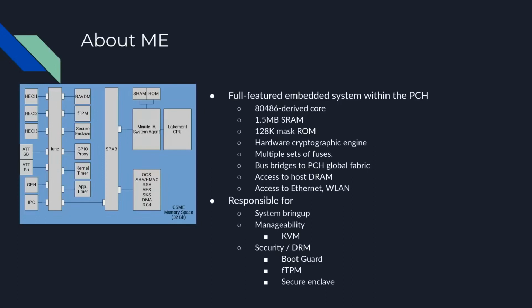It has a hardware accelerated cryptographic unit, and it has fuses, which are write-once memory that's used to store security settings and keys and everything. And then some of the more scary features. It has bus bridges to all of the buses inside the south bridge. It connects to the RAM on the CPU, and it connects to the network, which makes it really quite dangerous if there's a vulnerability or if it runs anything nefarious.